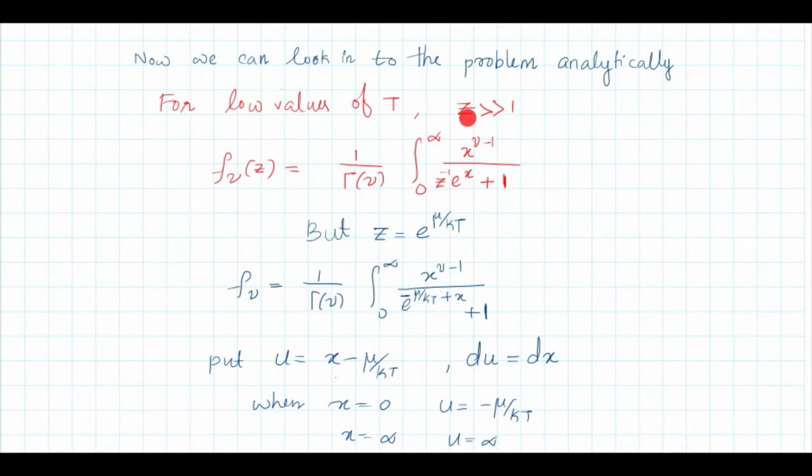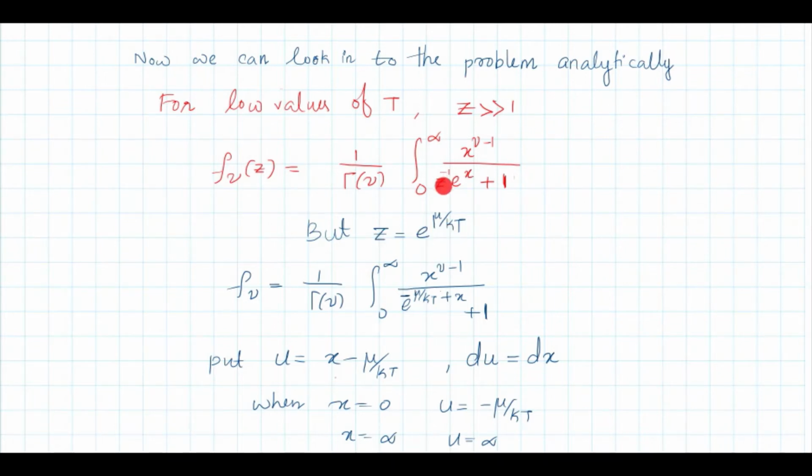Z is the fugacity, e raised to mu by kT. So for low temperatures, this value will be very much greater than 1. And we already know the Fermi-Dirac function f nu of Z, which is given by 1 by gamma of nu, integral 0 to infinity, x raised to nu minus 1 divided by Z inverse e raised to x plus 1, where Z is e raised to mu by kT.